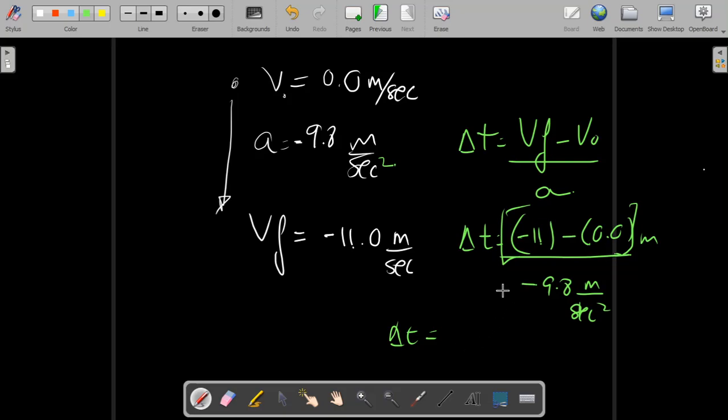And the time right here for the second part of example 1.6 is 1.1 seconds. It took this object 1.1 seconds to fall, with this acceleration, and end with this velocity.